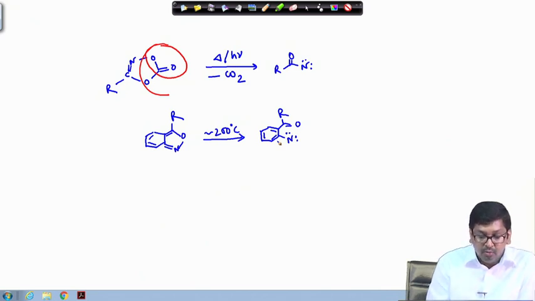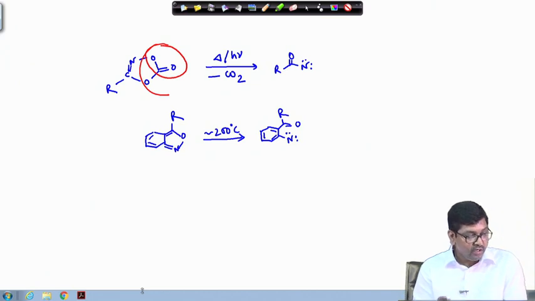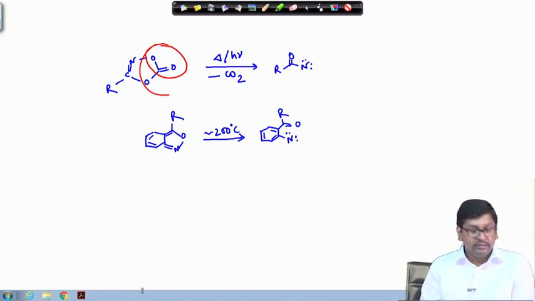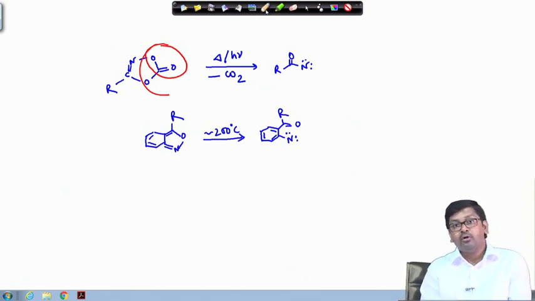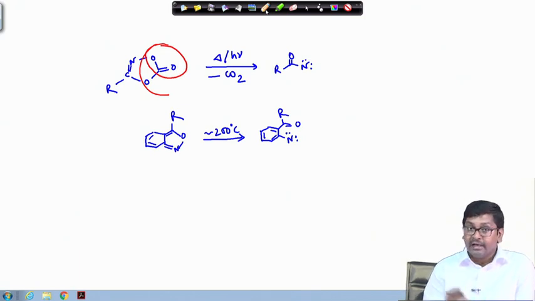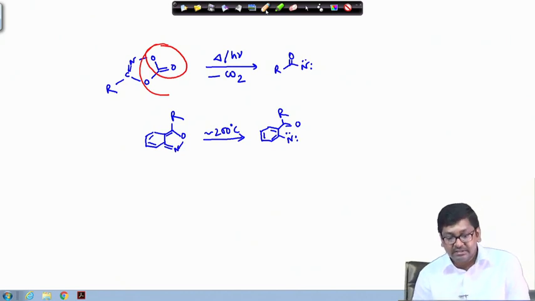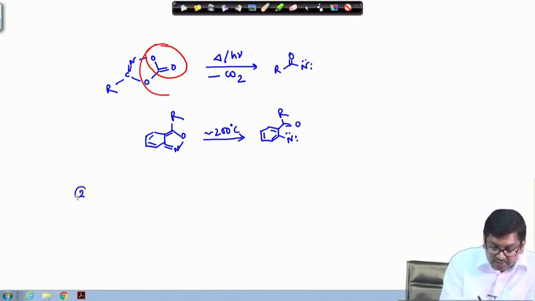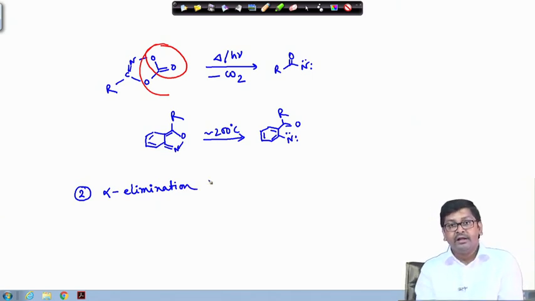Okay. We have discussed previously also that not only through thermolysis or photolysis, there are other methods that can also lead to the carbene. We have discussed in the case of carbenes, for example, alpha eliminations. In this case also we can think that alpha elimination can provide the required nitrene.